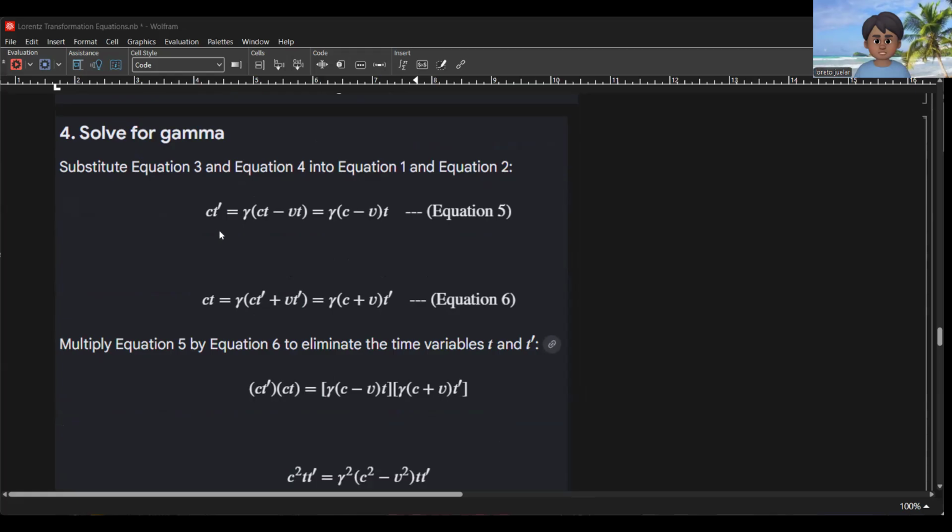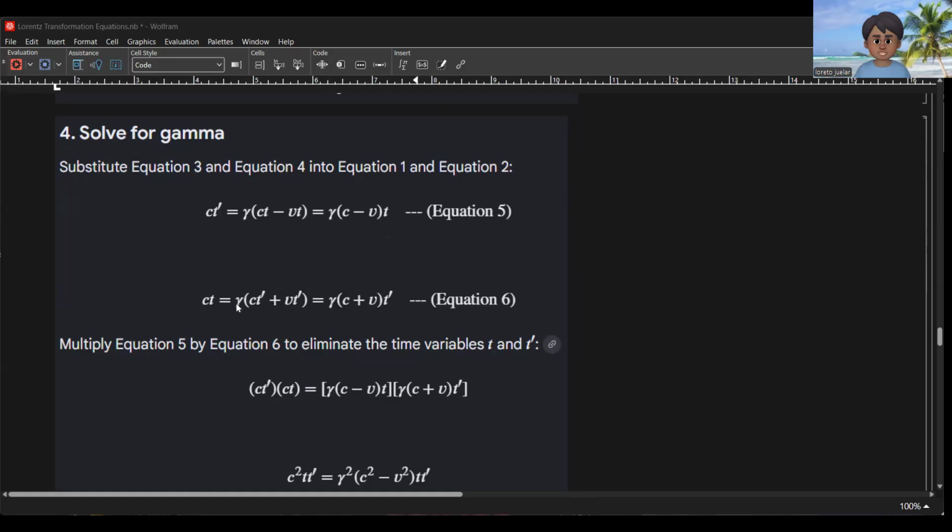So we have ct prime here equal to gamma times ct minus vt. So this is equal to, by factoring out the t here, c minus v.